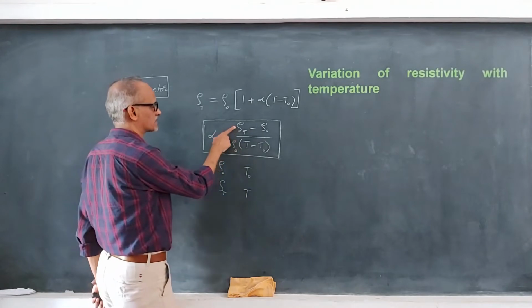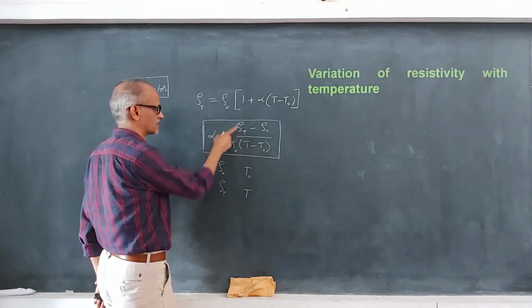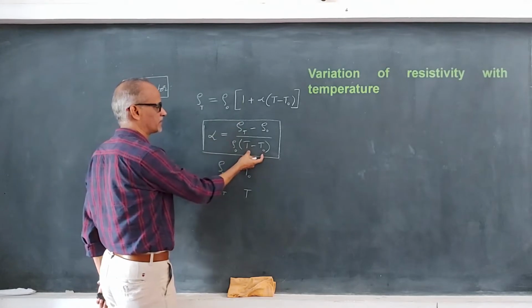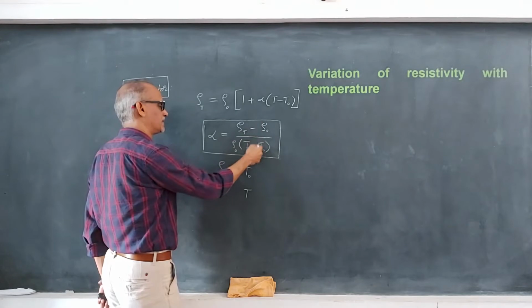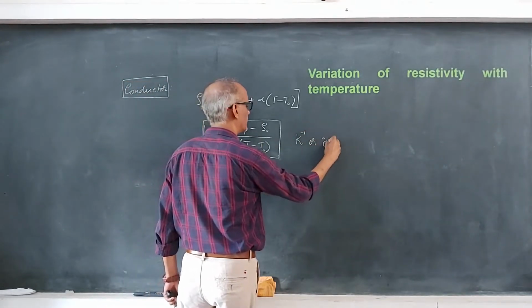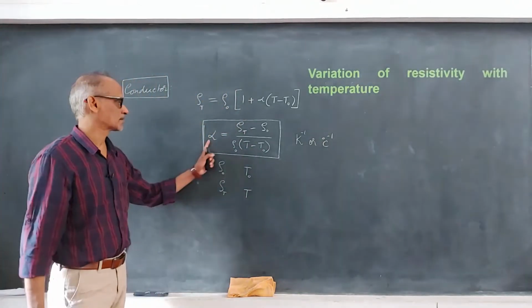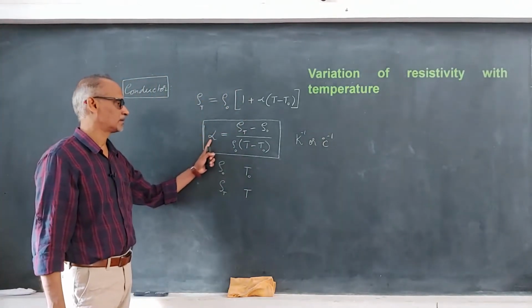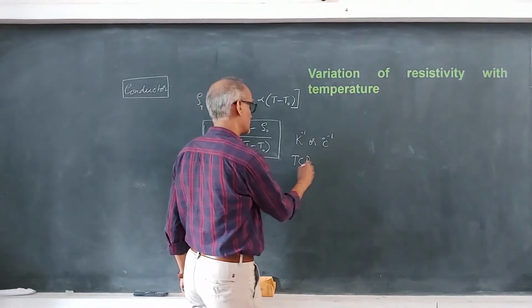Now, the unit of resistivity, ohm meter, will get cancelled. That means we are left with the unit of temperature, which is in Kelvin. Since it is in the denominator, you can write either per Kelvin or per degree centigrade as the unit of this constant called alpha, and that alpha is called temperature coefficient of resistivity.